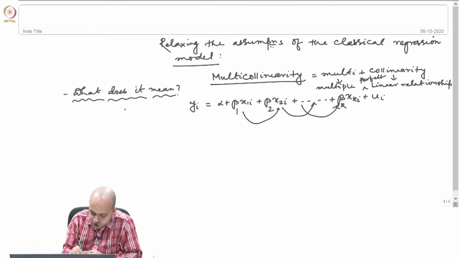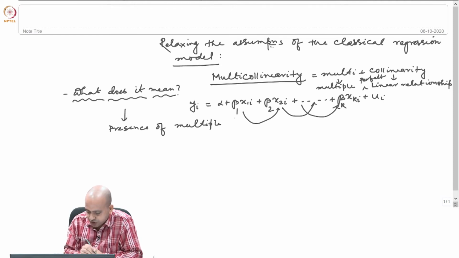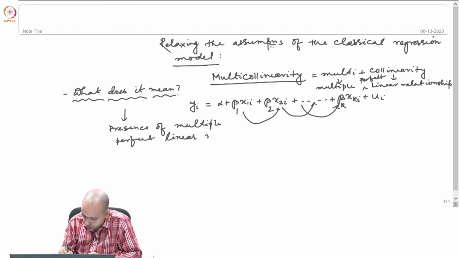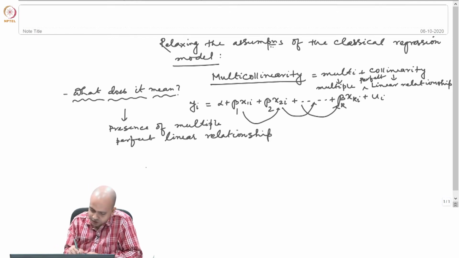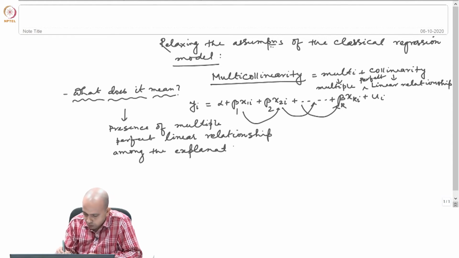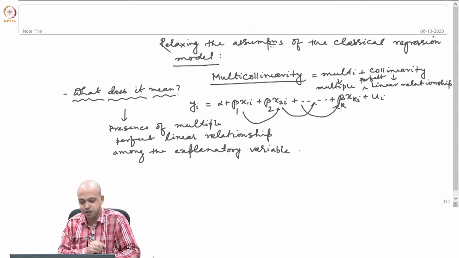Basically this is the definition: multicollinearity means presence of multiple perfect linear relationships among the explanatory variables.